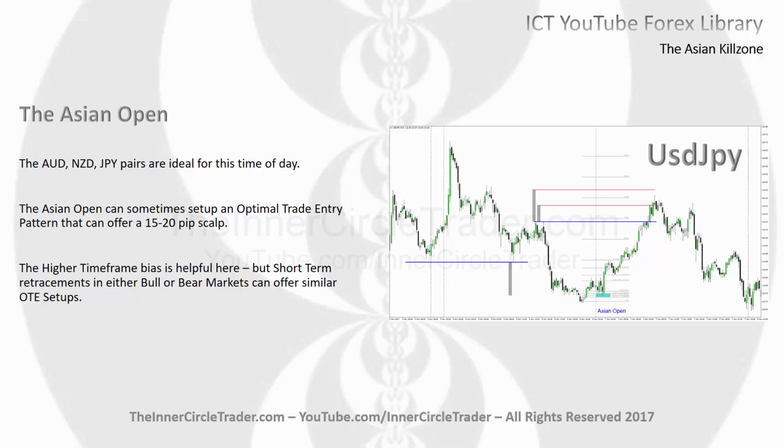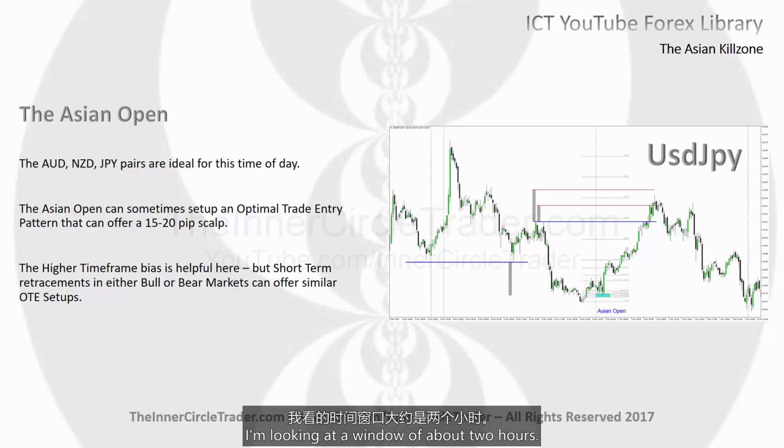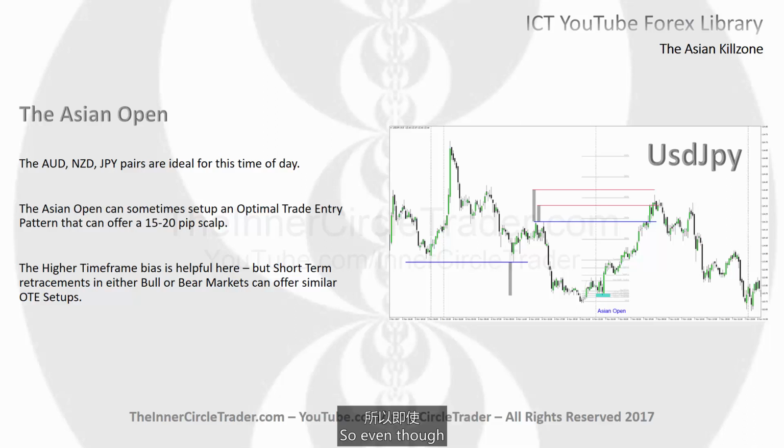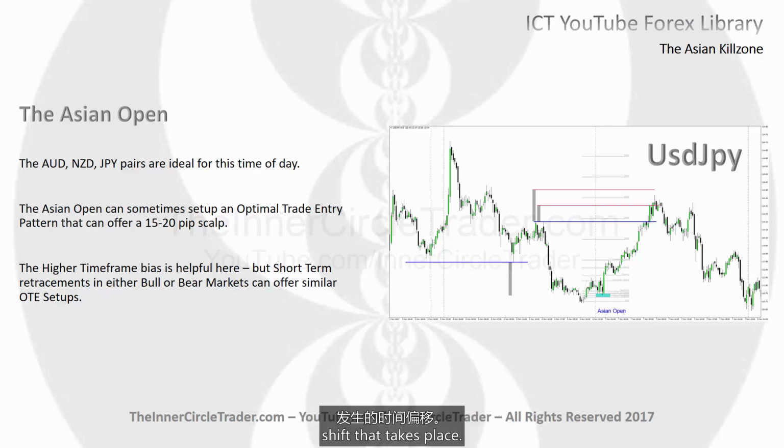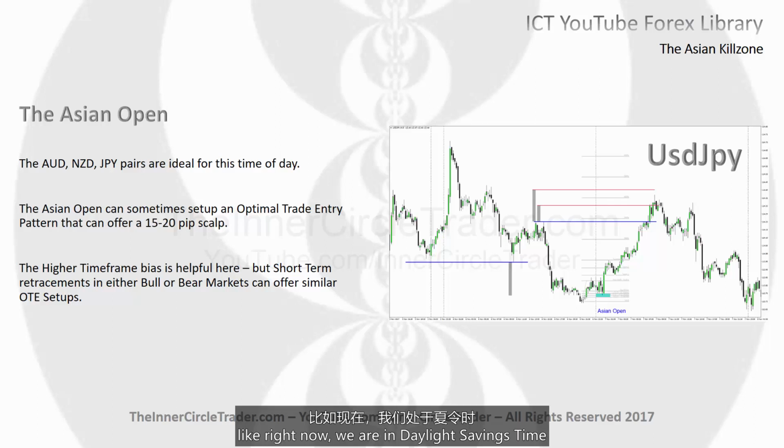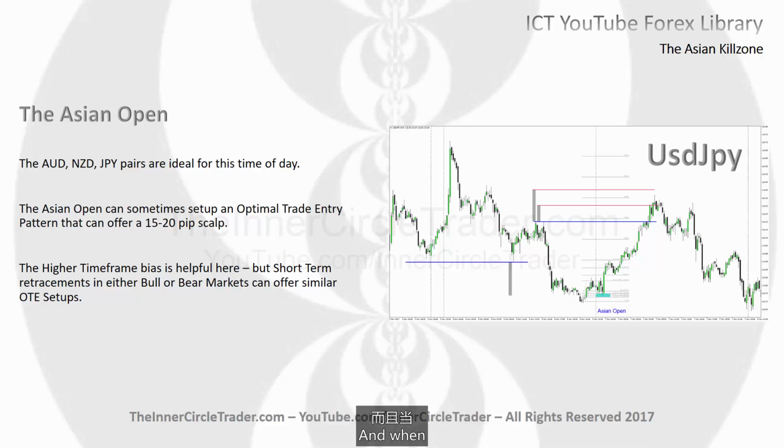Now, it'll fluctuate back and forth relative to daylight savings time, but for the most part, I'm looking at a window of about 2 hours. So even though it may not start exactly at 7 o'clock or 8 o'clock in the evening in the States, relative to the daylight savings time shift, like right now we are in daylight savings time at the time of this recording in December 2017, and when we leave this daylight savings time, it'll shift a little bit.